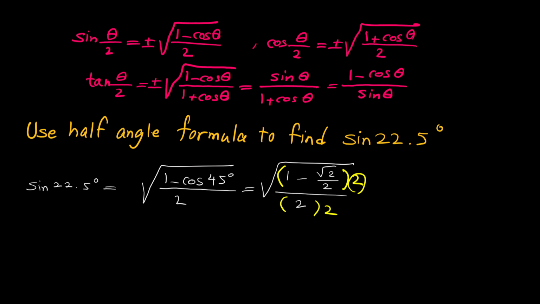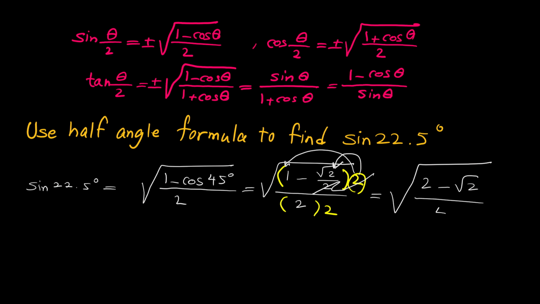So if we multiply the numerator and denominator of this fraction by 2, we have 2 times 1 is 2, 2 times radical 2 over 2 is radical 2, because 2 with 2 cancels, and in the denominator we have 4.